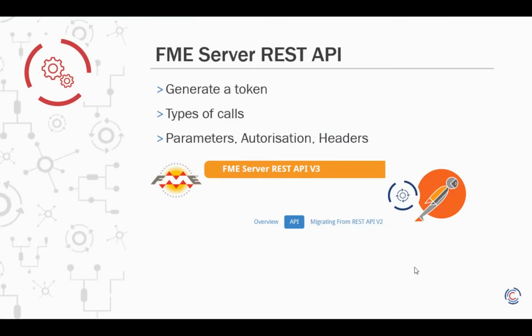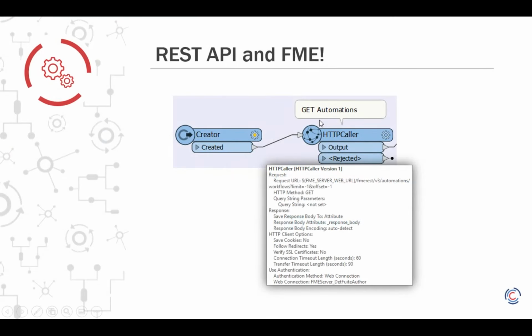Like I mentioned earlier, you can actually test out these functionalities or calls within FME Desktop as well. The transformer that you would use in this case would be the HTTP caller. This screenshot is taken from one of the use cases that I'll be showing a little later, and this call is to get a list of automations that are currently deployed on that FME server.